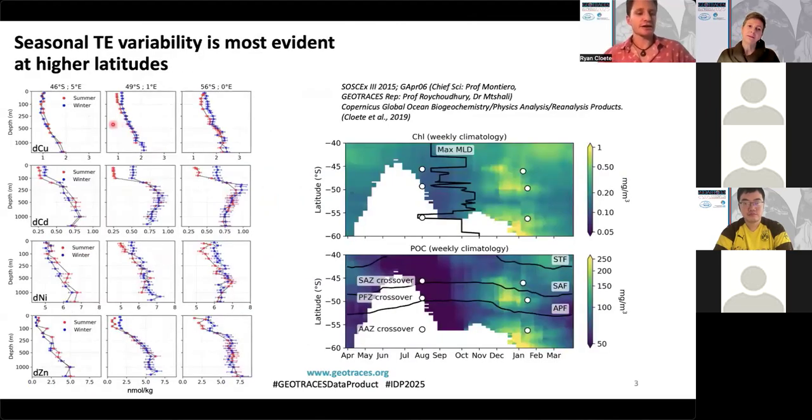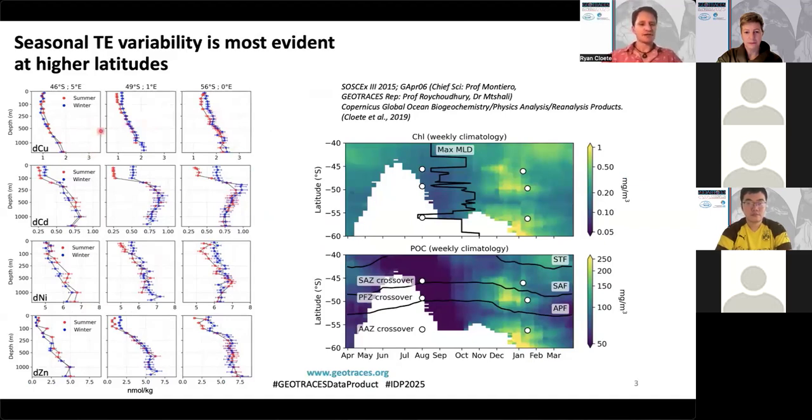Over here, I'm showing some results from some crossover stations that we did in 2015 as part of the SAZ-Sense cruise. The top panels are copper, then cadmium, nickel, and zinc. And I'm showing these crossover stations from the subantarctic zone, polar frontal zone in the middle, and finally the Antarctic zone.